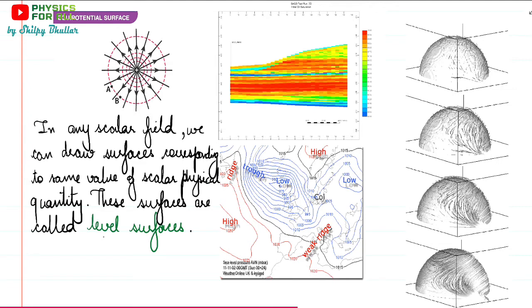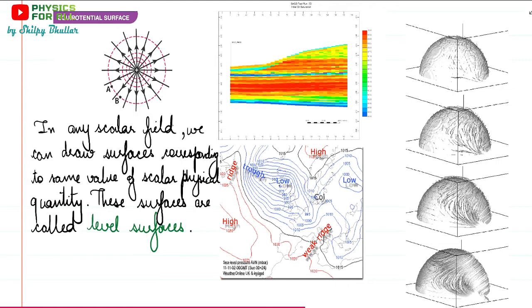These surfaces are called level surfaces. Like on the same level, each and every surface is on the same level. The values at each and every surface that we make corresponding to the scalar field are going to be the same.